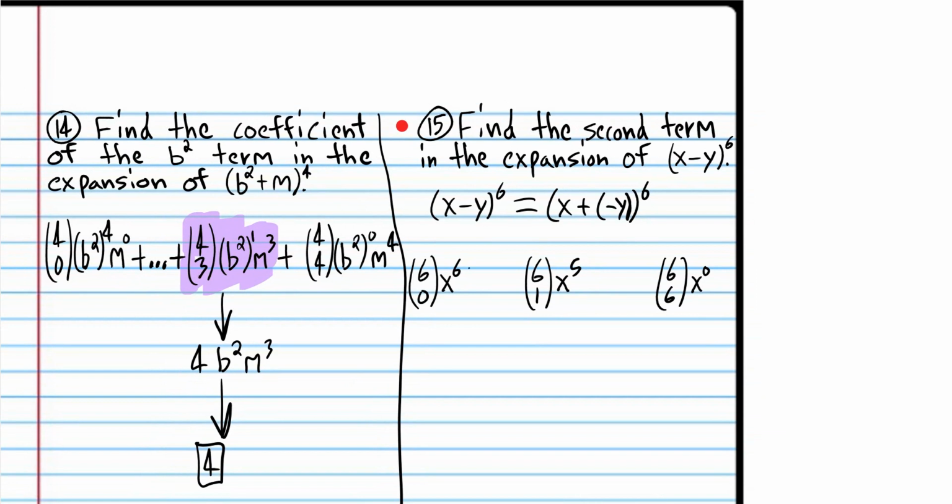So we're going to have negative y to the 0 power and negative y to the first power, and then plus dot dot dot all the way down to the last term, which is going to have negative y to the 6th power.